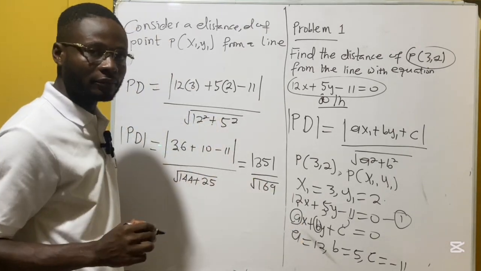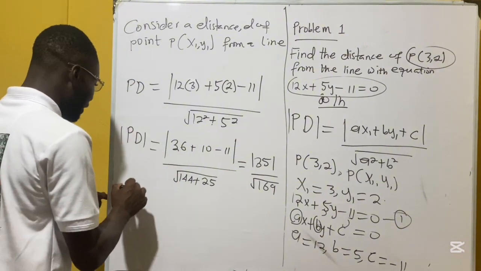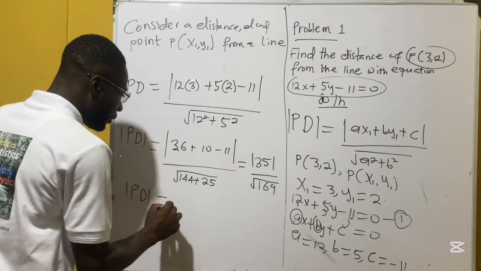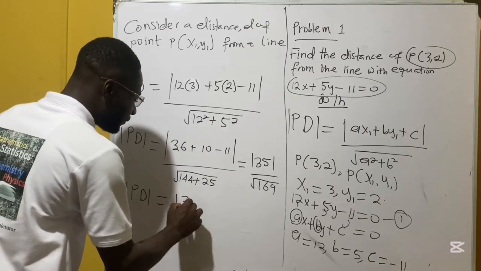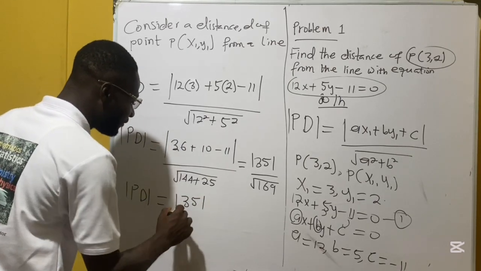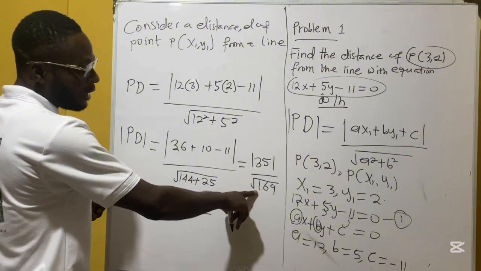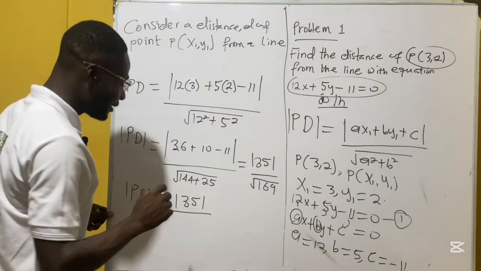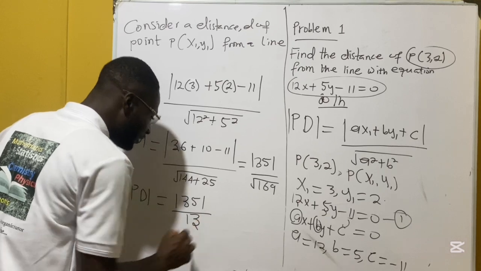So we have distance PD equal to the absolute value of 35 over the square root of 169, which is 13. So we have 13 here.